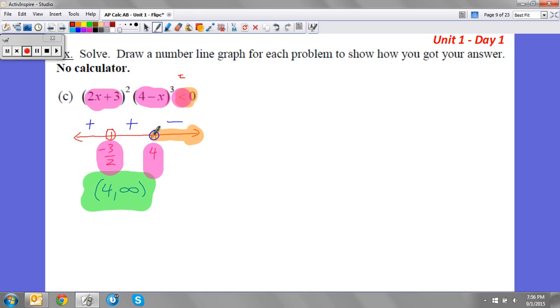Doing the sign tests, I could do negative 2, because this is negative 1.5. So we could do negative 2, we could do 0, and then we could do 5. Doing it just like the other problems, you would see that you'd have a positive, positive, and negative. Because of the original problem, the way it was asked, we wanted less than 0. So we wanted the negative answers. And that gives us negative 3/2 to 4, open on both.